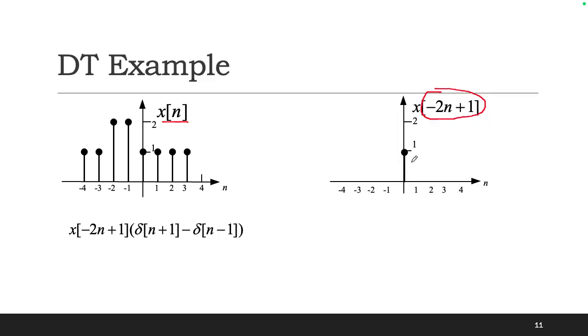How about the 1? We talked about 1 just now. If n is 1, this part is x of negative 1, am I right? What's the value for x of negative 1? 2. Yeah. And then if n is 2, what's the value here? If n is 2, it is -3, am I right?